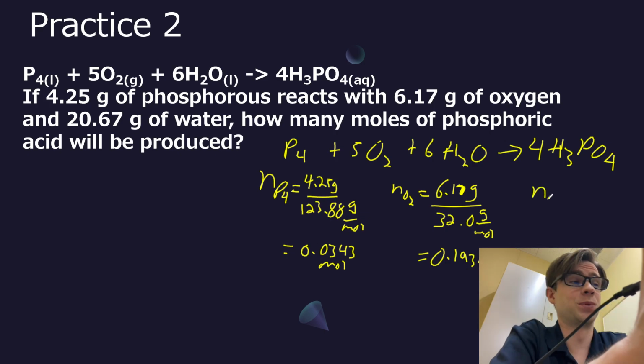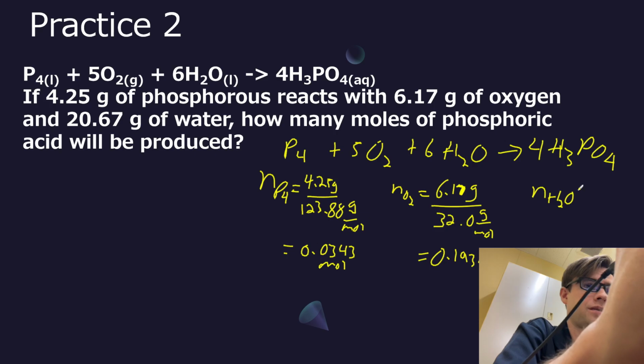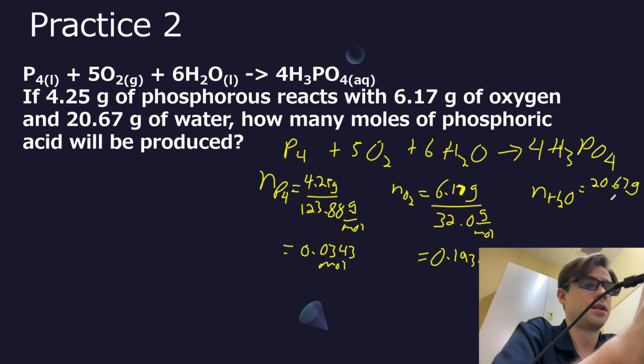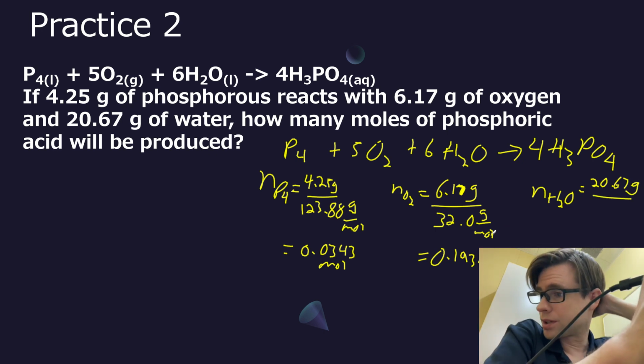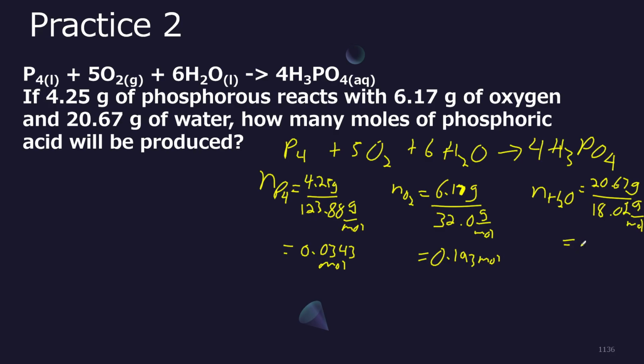It looks like it's pretty clearly excess water, but you should always check. 0.67 gram. Water 18.02, I think. Yeah, so that's like 1.15 moles of water, clearly excess compared to the others. We do need 6 times the amount of water compared to P4.